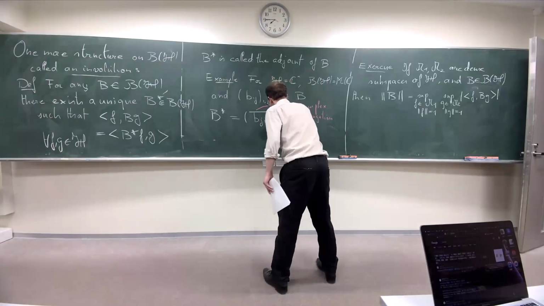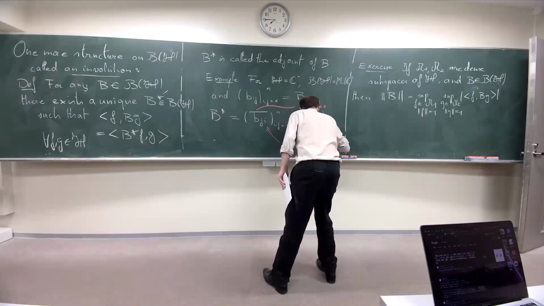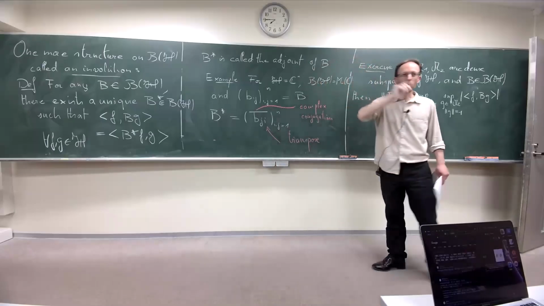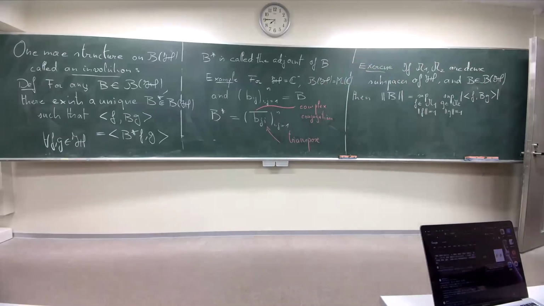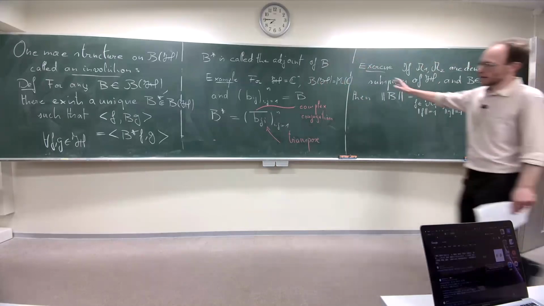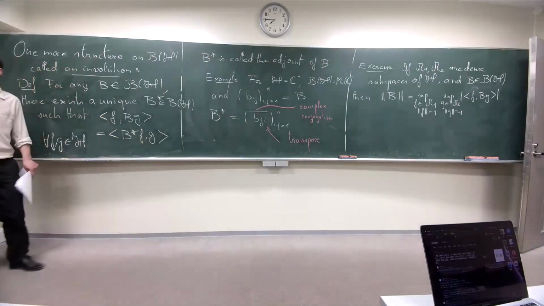Here you take the transpose. So if you deal only with real matrices, you don't have to take the complex conjugation. You just take the transpose, but we are dealing with complex matrices. And you can check that for this operation for matrices, you have this equality.